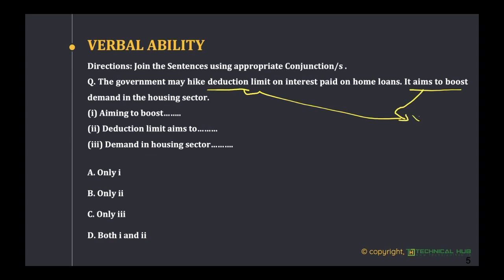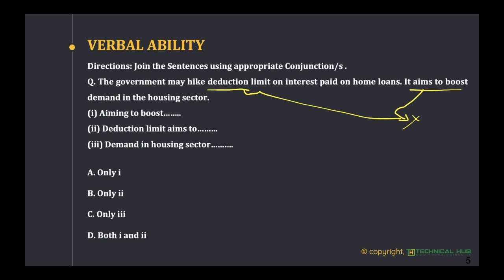Okay, "demand in housing sector." Now, this can be done again. "Demand in housing sector aims to boost." No, this cannot form a sentence. For example, "aiming to boost the demand in housing sector," that you can start with, but "deduction limit aims to," these two have been clubbed, and that cannot be done. Now, "demand in housing sector is aiming to boost" means the sentence itself is wrong.